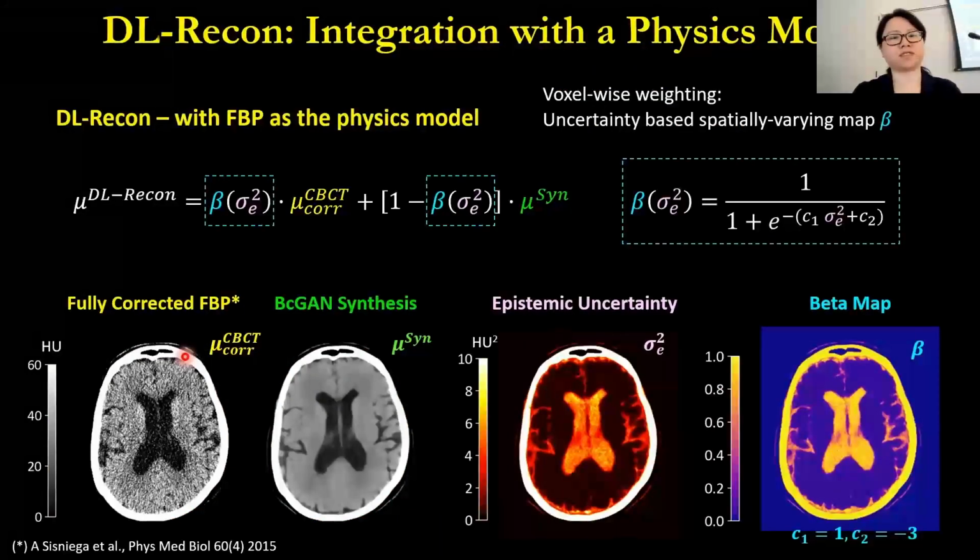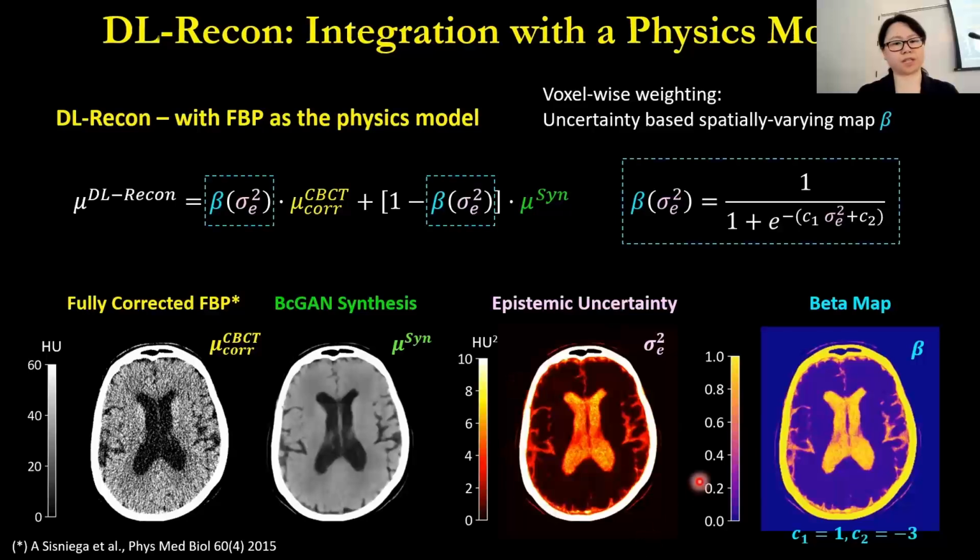So far, I have not shown anything other than synthesis or epistemic or aleatoric uncertainty. But here I want to present you with a very fast and simple or basic form of DL-Recon, where we integrate this synthesis image with a fully corrected FDK.